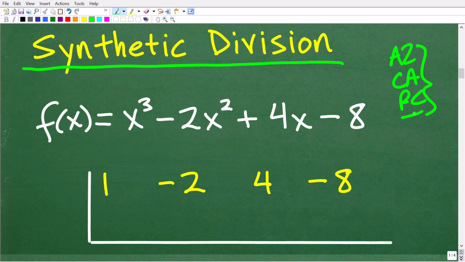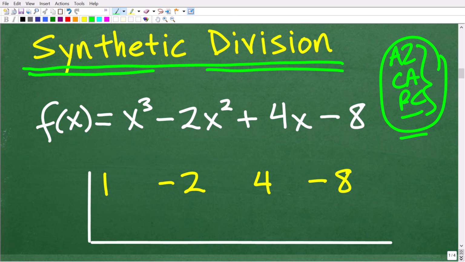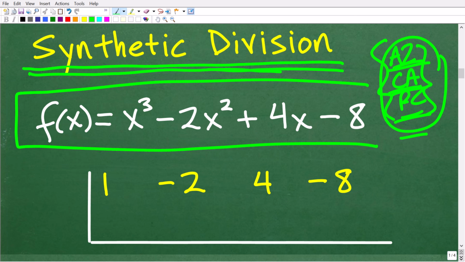So we study a lot about polynomials in these courses and how to solve higher order polynomial equations, and that involves polynomial division, which involves something called synthetic division. Okay, so what is synthetic division?